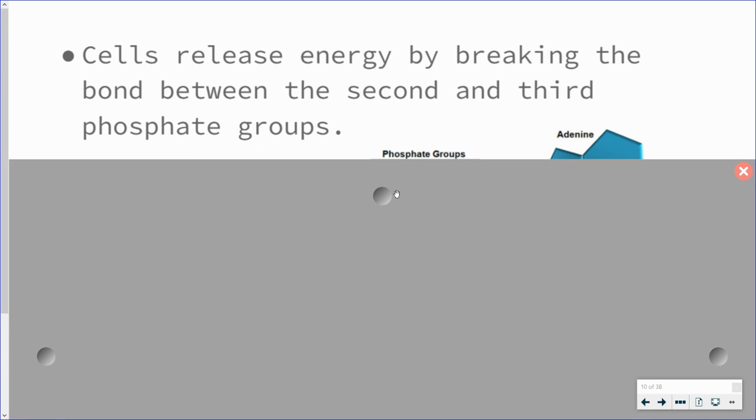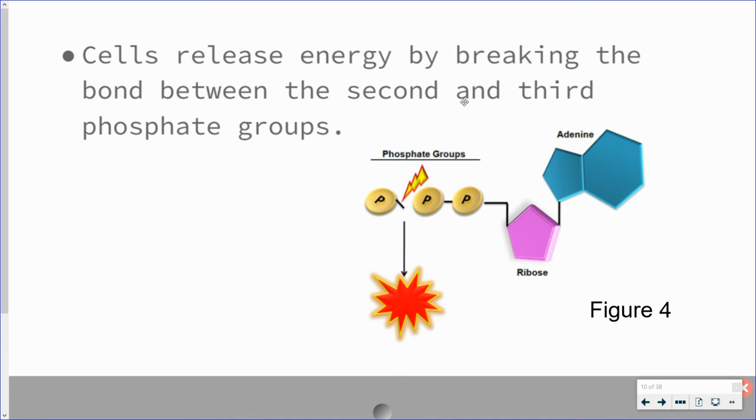Cells will release energy by breaking the bond between the second and third phosphate group. So whenever a cell needs energy, it breaks off that third phosphate, the one that is added to ADP to make it ATP. So again, we take this ATP molecule with its 3 phosphates, we break the bond between the second and the third. That new bond that was made gets broken, and when it's broken, energy is released.